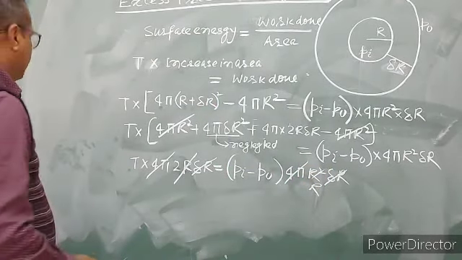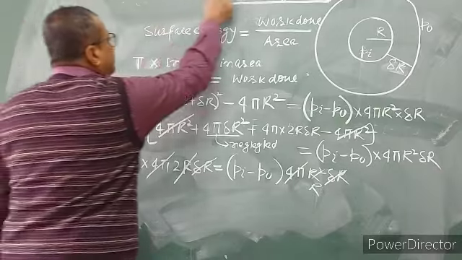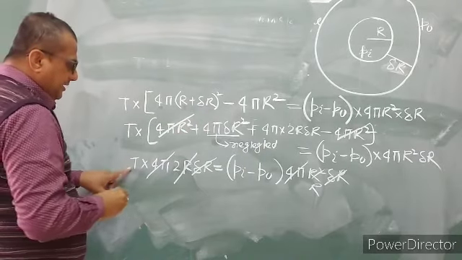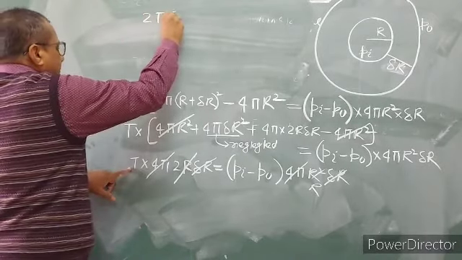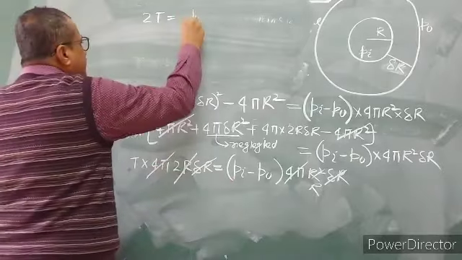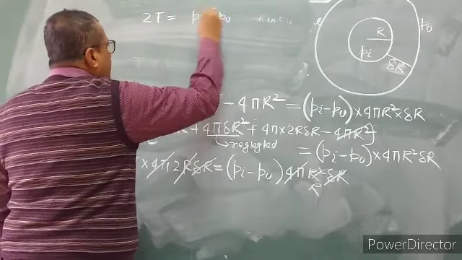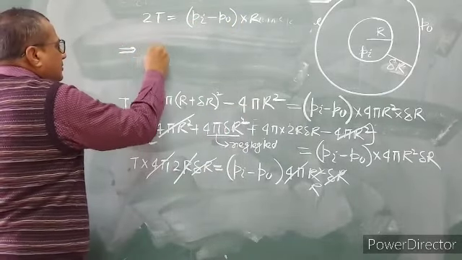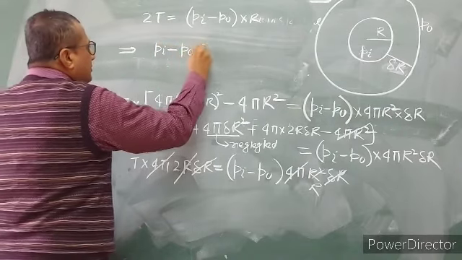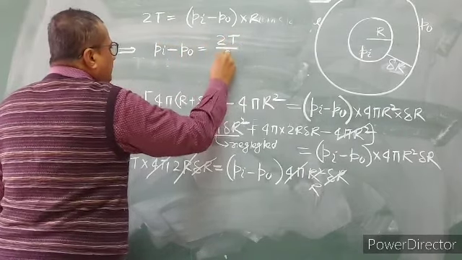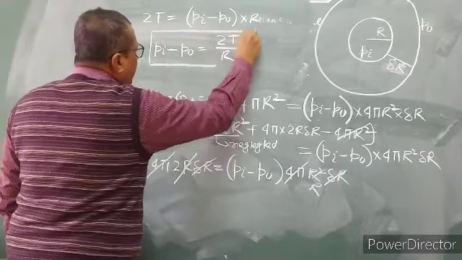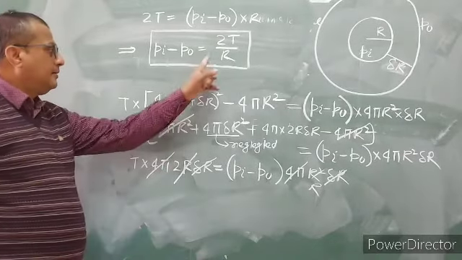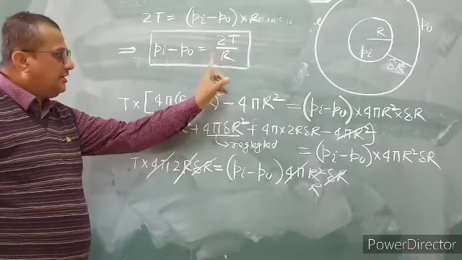Now it will be equal to 2T on this side, and Pi minus PO into r on the other side. So the expression is Pi minus PO equals 2T by r. Here T is the surface tension and r is the radius of the drop.